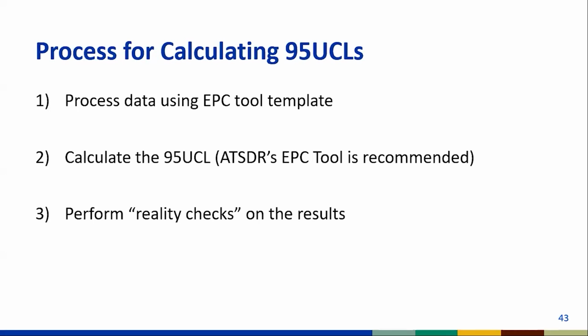And third, they perform reality checks on the results to ensure that they're suitable for use in the health evaluation. And as I mentioned before, ATSDR's EPC tool will automatically calculate the appropriate EPC for a data set, whether that be the 95 UCL or the maximum concentration, and then run those reality checks.